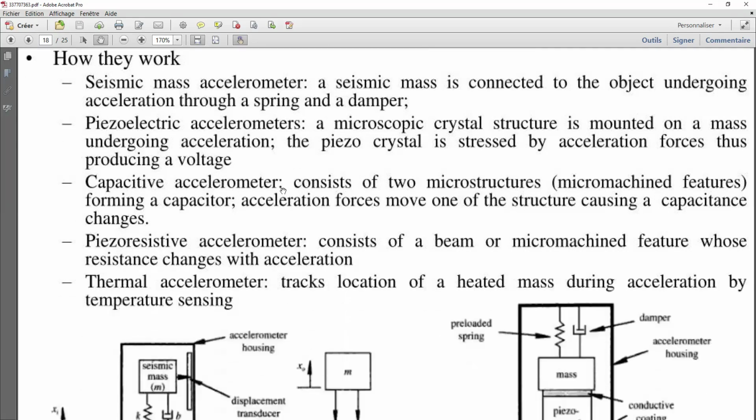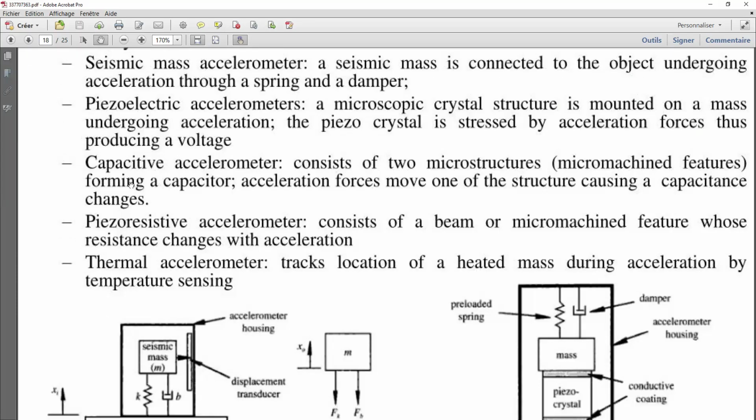How do they work? Seismic mass accelerometer: a seismic mass is connected to the object undergoing acceleration through a spring and a damper. Piezoelectric accelerometer: a microscopic crystal structure is mounted on a mass undergoing acceleration. The piezo crystal is stressed by acceleration forces, producing a voltage.